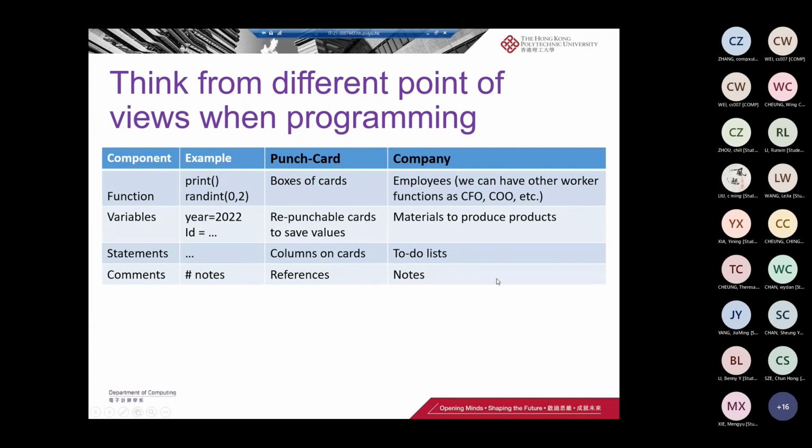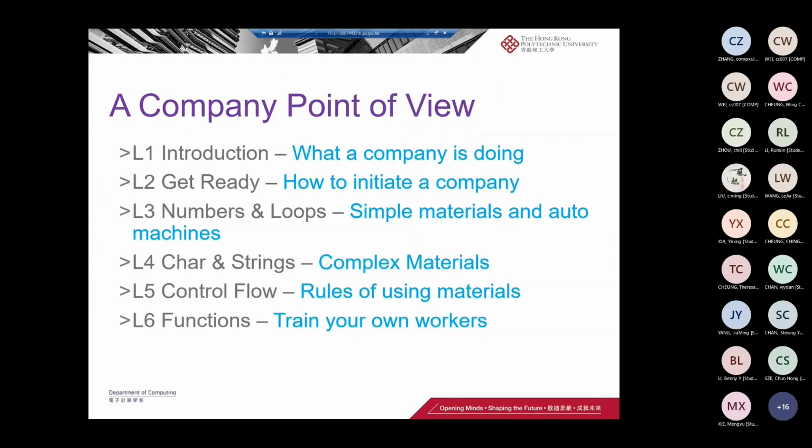And for companies, they're just notes. It's just for reference purposes. It doesn't do anything. It will help in the future if you can switch between these 2 points of view, which will help you understand what is happening in a program.